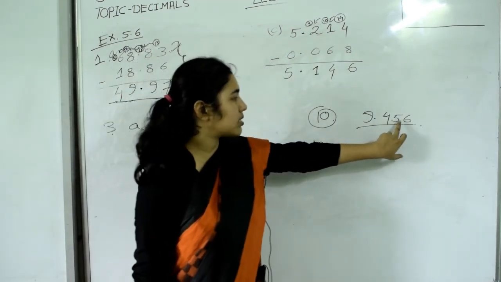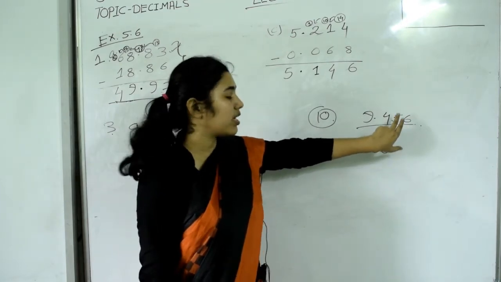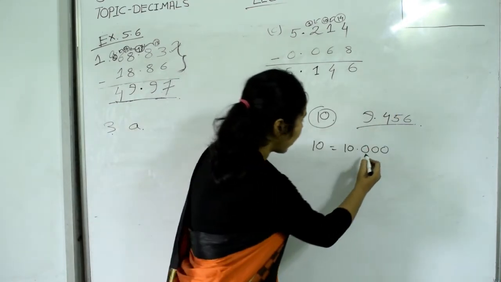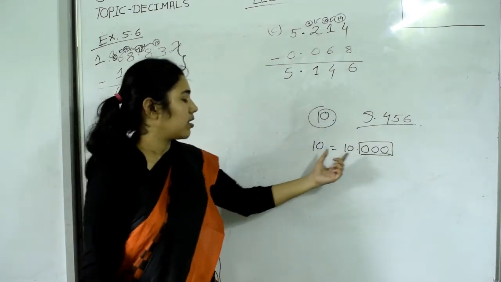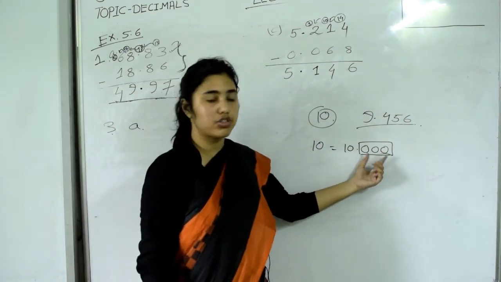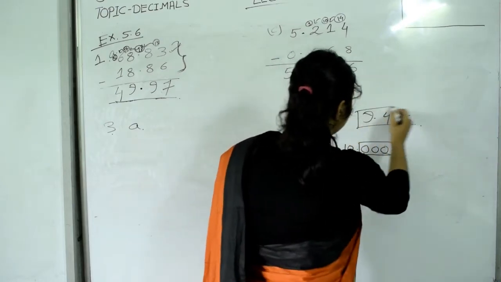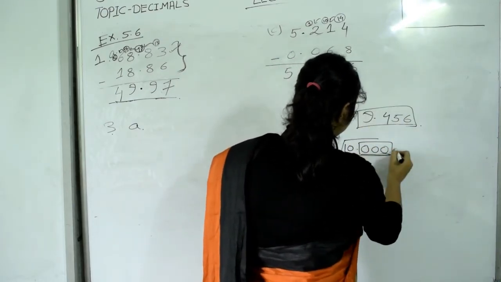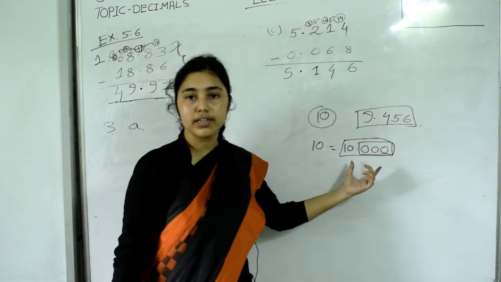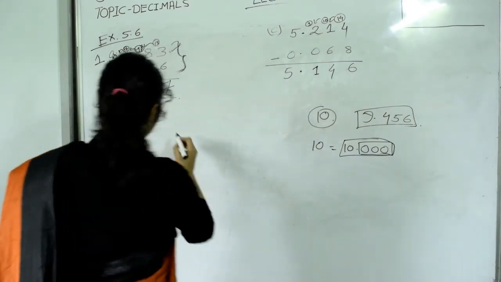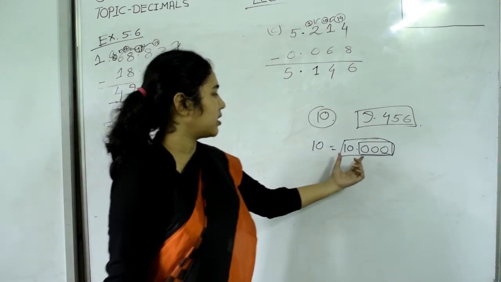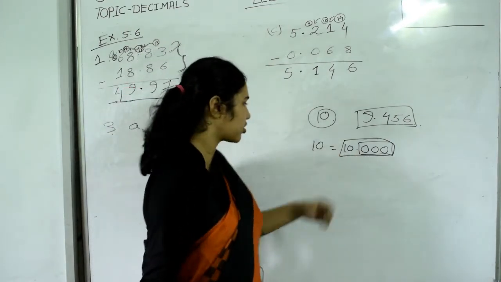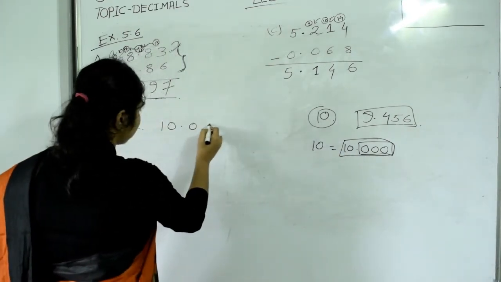Why? Because this number has 3 decimal places. That's why we are writing 10 as 10.000. Now these two numbers are like decimals. Okay? So first our bigger number is 10.000. So first write this number.